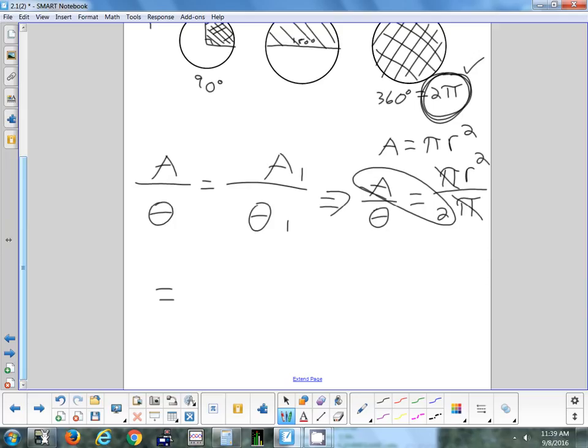A times 2, or we normally write 2A, equals theta times r squared, or r squared times theta, same thing.